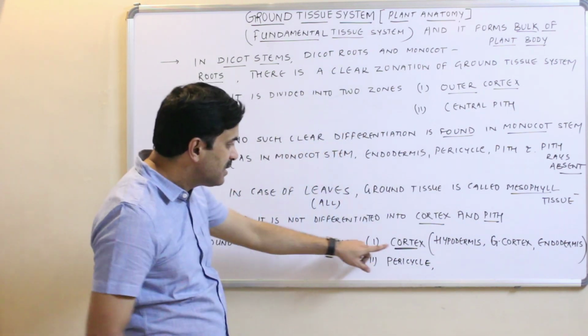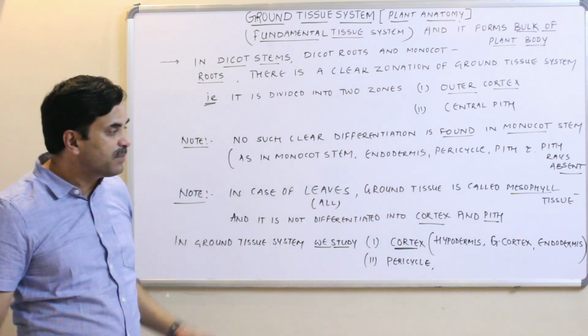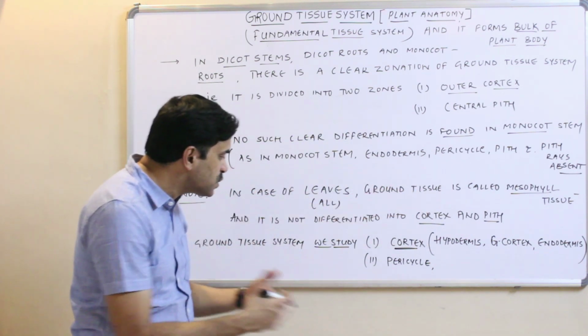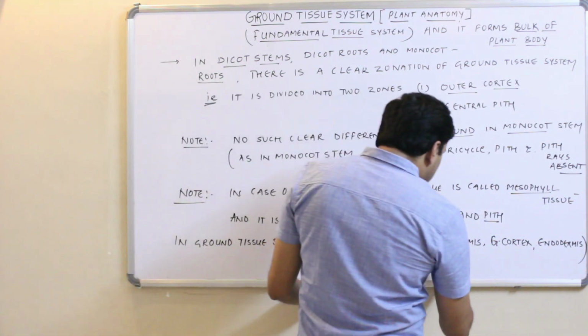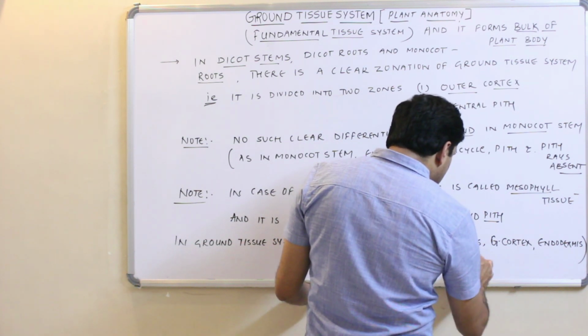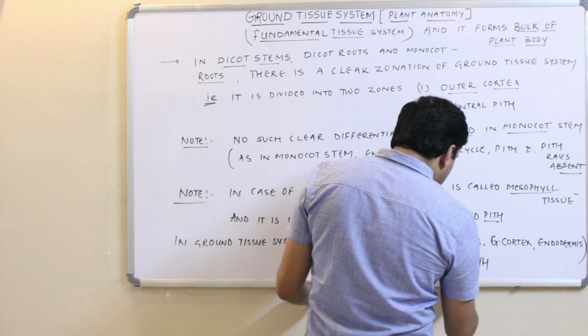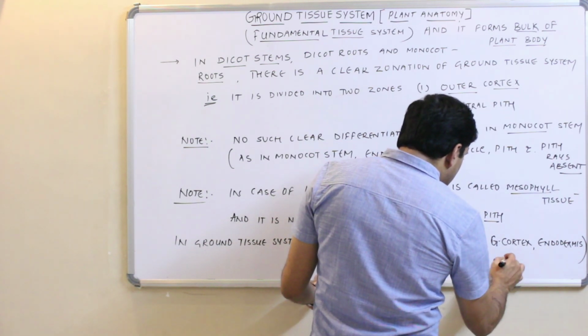Cortex is hypodermis, general cortex, and endodermis. Also we have to study the pericycle, pith and pith rays.